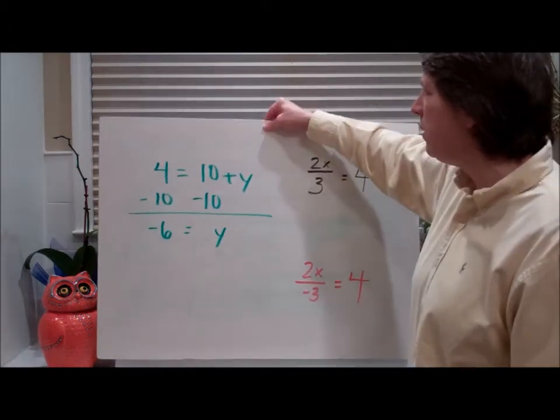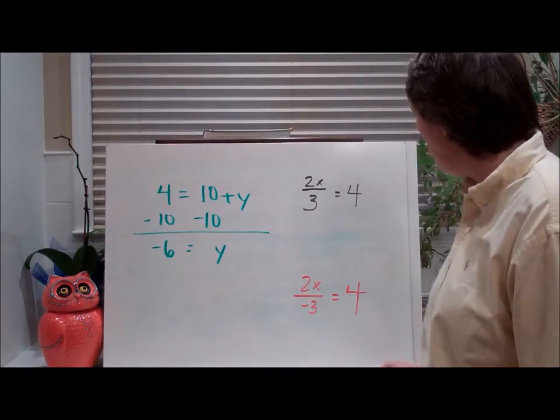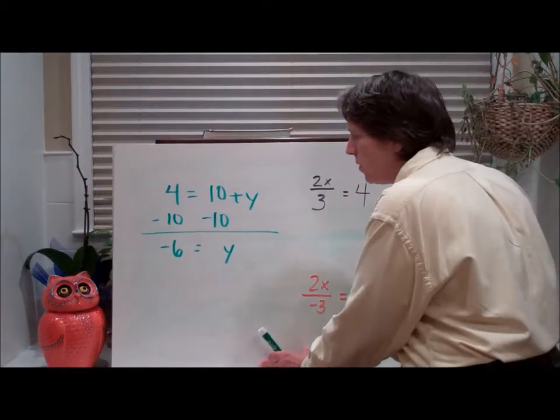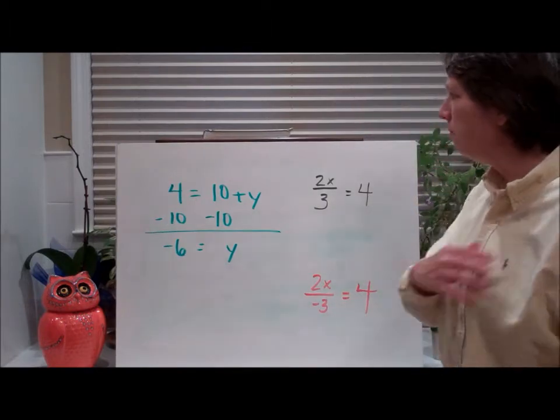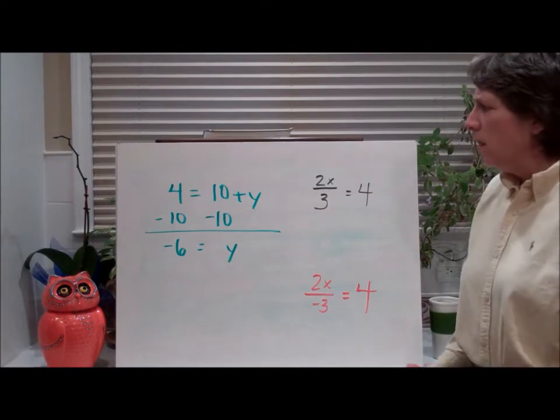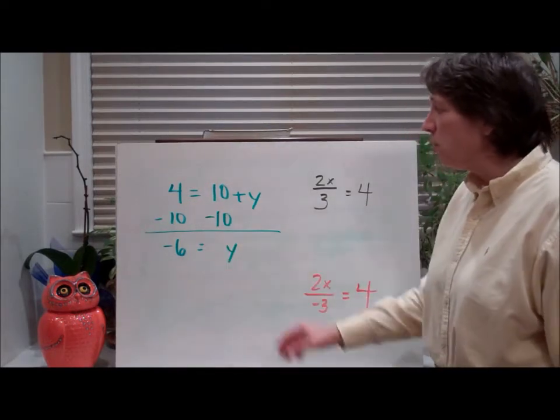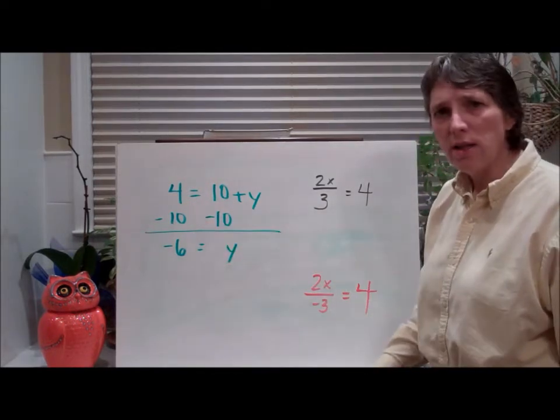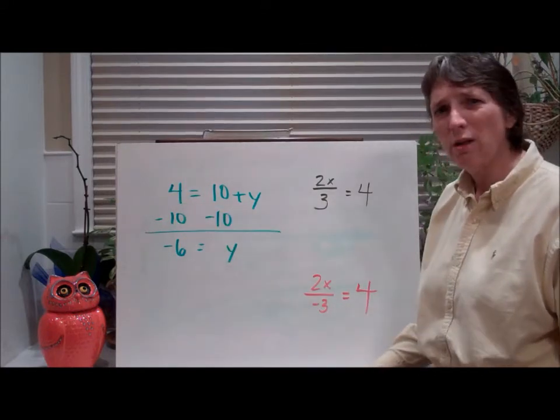So let's look at a couple of them that I did, because this is pretty much going to be reviewed with the exception of now you're dealing with positive and negative numbers. So let's look at this. 4 equals 10 plus y. We're going to subtract 10 from both sides. Some of you are going to want to go and subtract the 4.